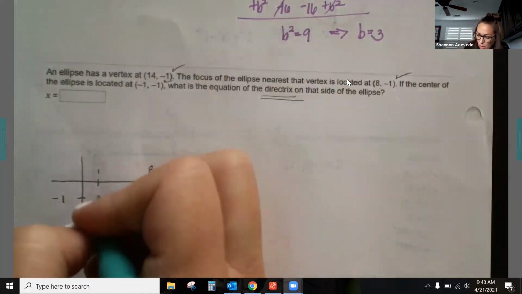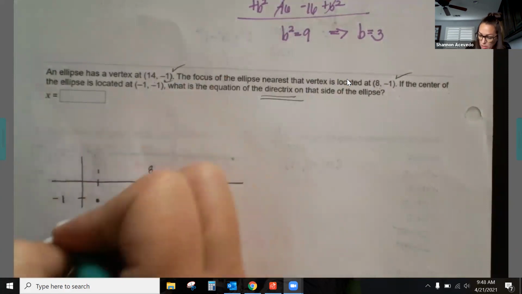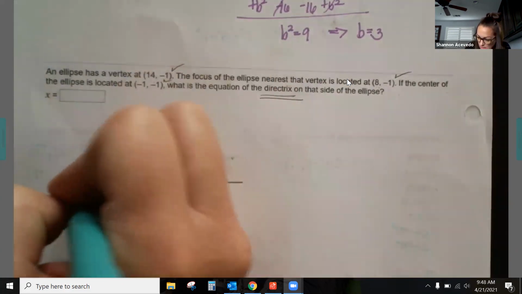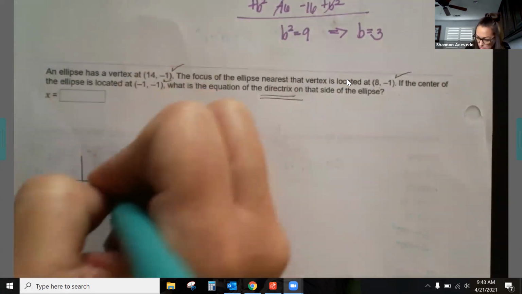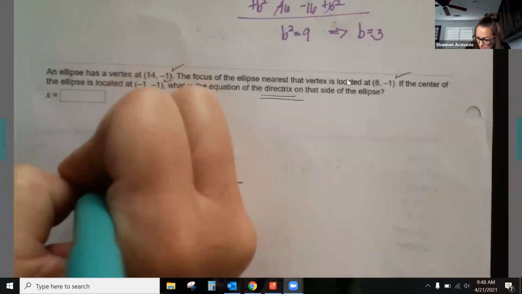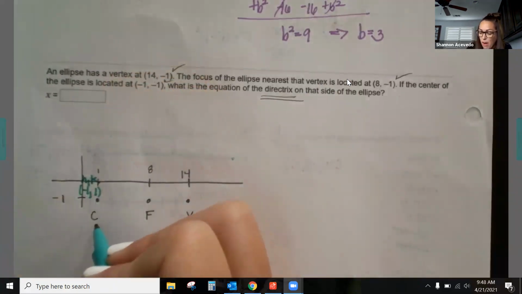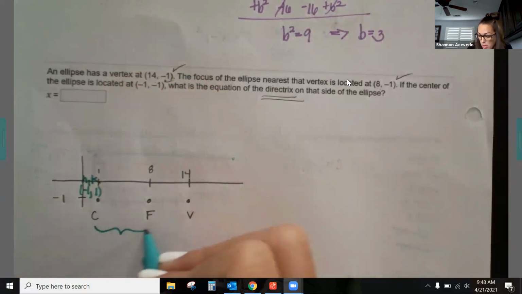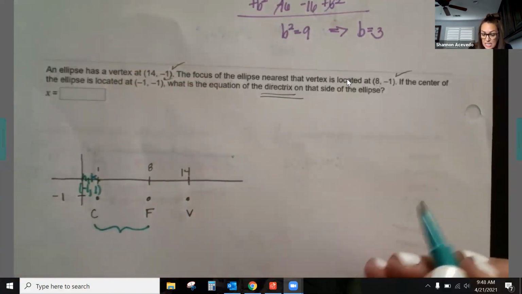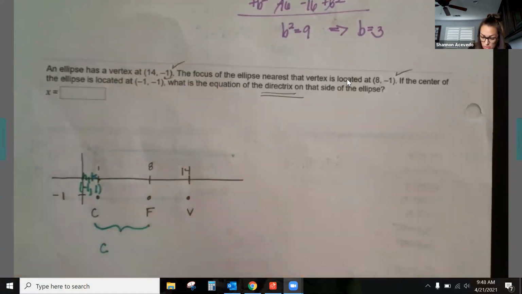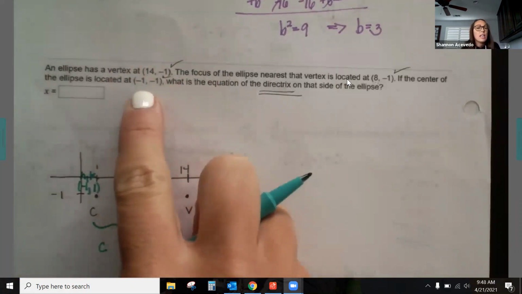So here's what I do know. My center, of course, is my HK value. So I'm here at -1, 1. This is my HK. Oh, sorry, I did it as 1, 1.